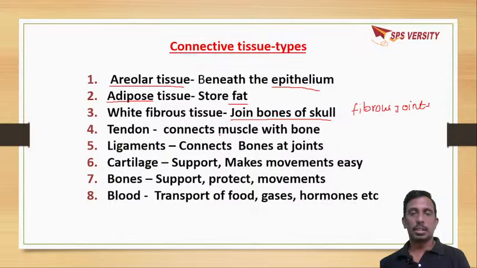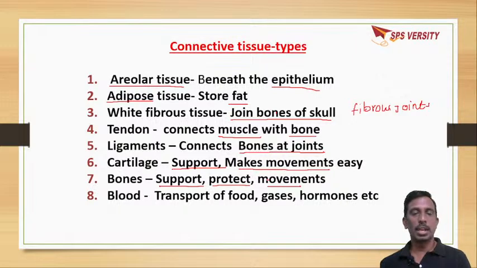Tendons, which will connect muscle and bone. Ligaments, which will connect bone and bone, particularly at joints. Cartilage, which will give support and make movement easy. So bones will support, protect, and help movements.